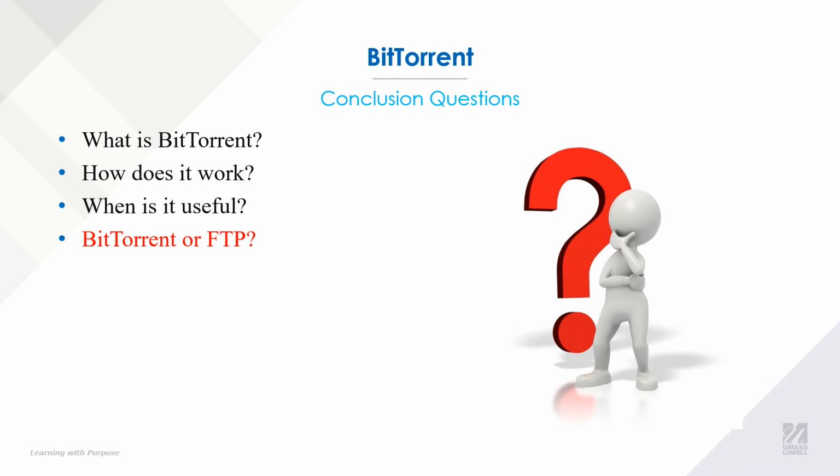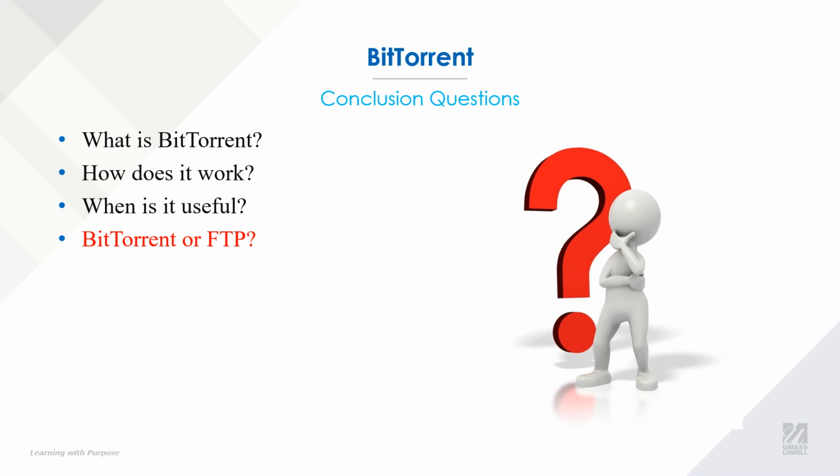Alright, now that we've basically reached the end of the presentation, I'd like to wrap up by reviewing some summary questions. First, what is BitTorrent? BitTorrent is a P2P, peer-to-peer, file transfer protocol that decentralizes the file sharing process. How does it work? Files are broken down into pieces and shared between computers, called peers, as they are available.